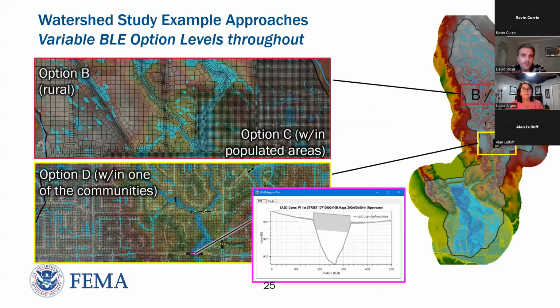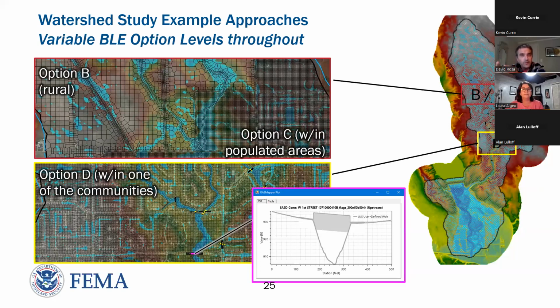So this is an example of that one thing I mentioned about having variable levels of detail within a single watershed. This is in the context of BLE and the different options in BLE, and just showing that, in a large watershed model, larger cell sizes are going to be fine in some places, and they'll allow you to route the flows towards places that are more urbanized, or that you want to have more detailed mapping and results.